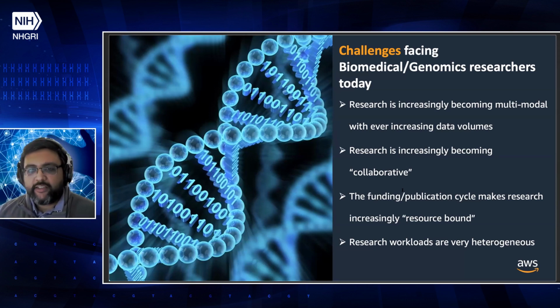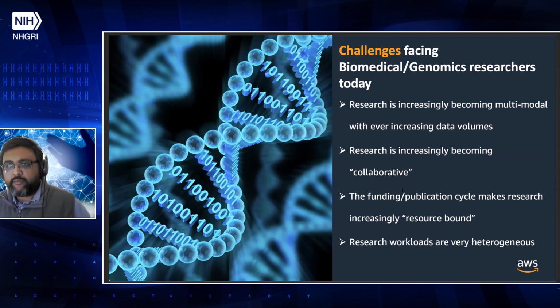Everybody becomes bottlenecked by the on-prem resources, and that's where a lot of people face challenges, even with very well provisioned on-prem resources. And then, as I described earlier, research workflows are becoming extremely heterogeneous. There is no one way to do things. There are many ways you can accomplish the same task.